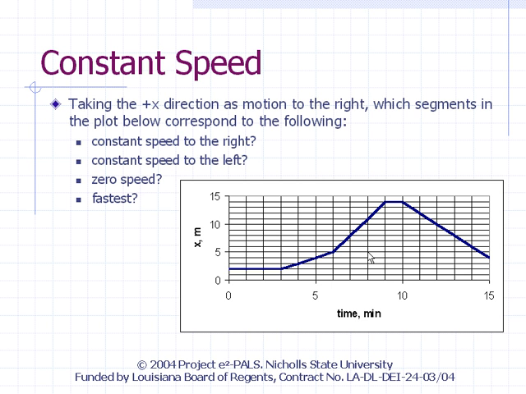For the time interval corresponding to each straight line segment, we can say that the object is moving at constant speed, and that the speed is equal to the slope of the line. A positive slope means that the object is moving toward locations with higher x values as time passes. This is the case from about 3 to 6 minutes.